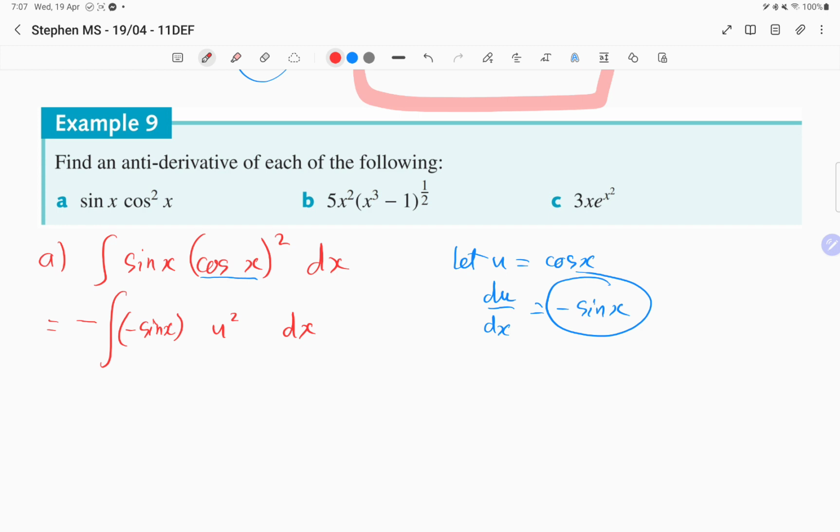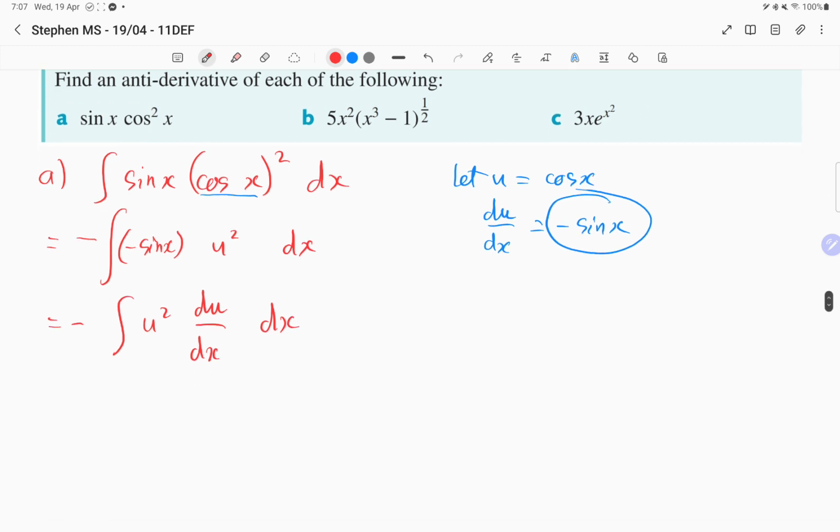So you see, right now I can't antiderive it yet because this is still with respect to x and this is u. I want to turn this into with respect to u, du. And look, this is already the same as that. So the next line would be the same as the antiderivative of u squared. I'll swap it around, so this one would be du over dx and then dx. You see where I'm coming from?